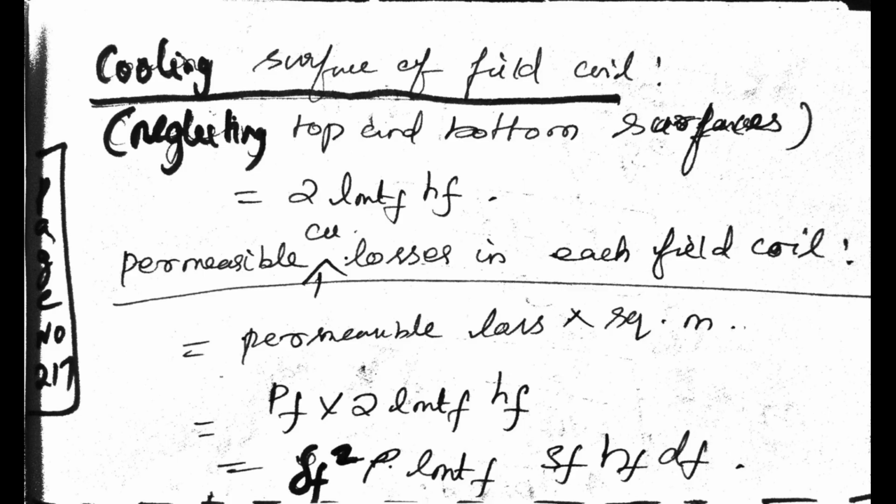Cooling surface of field coil, neglecting top and bottom surfaces, is equal to 2 LMTF HF. Permissible copper losses in each field coil is equal to permissible loss per square meter, PF, into 2 LMTF HF. That is delta F squared rho LMTF SF HF DF.